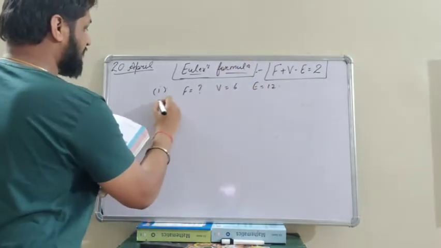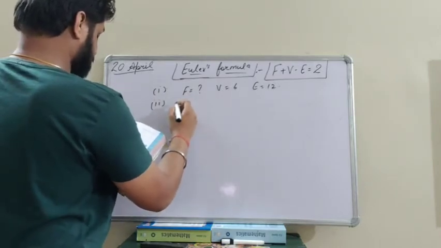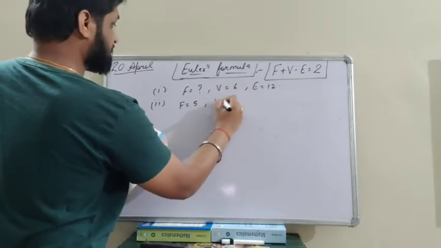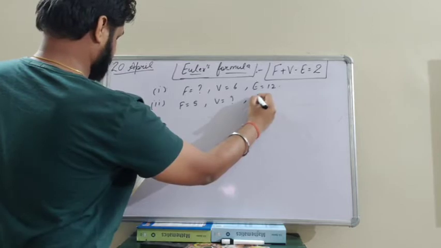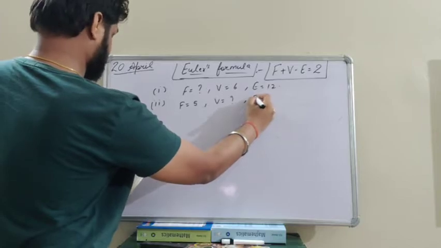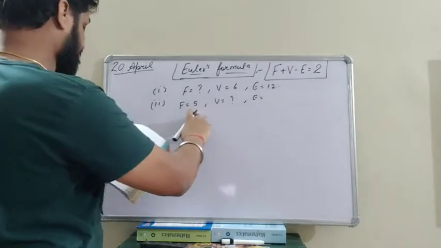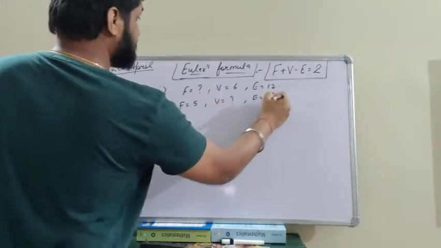In the second case, faces are 5, vertices we have to find out, and edges is 9.